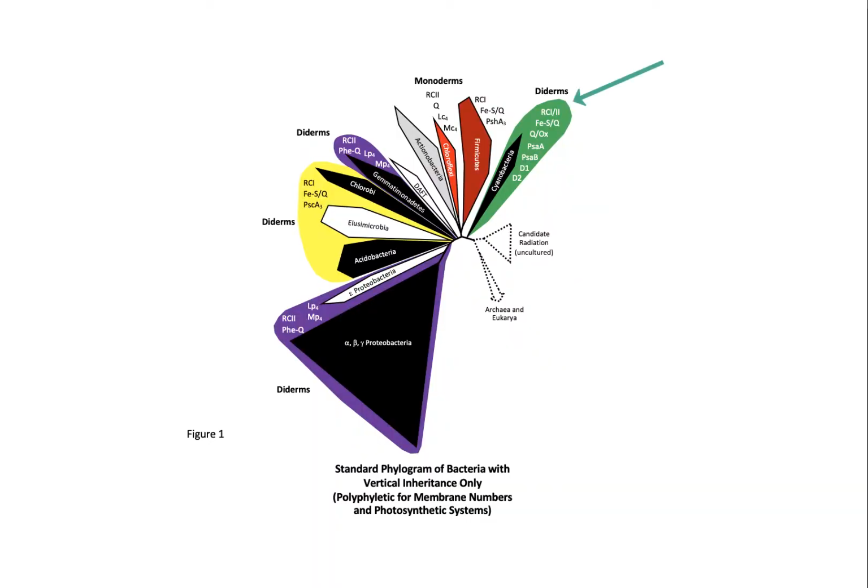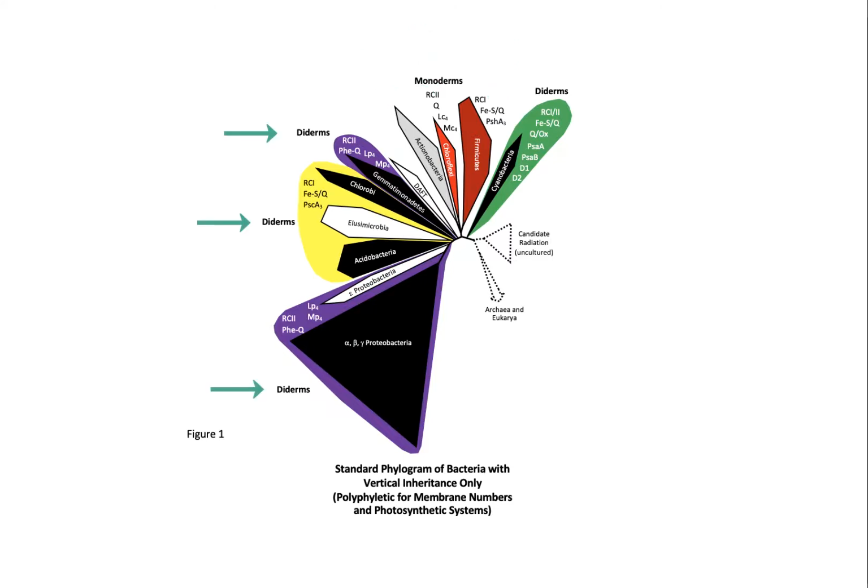So here's what I mean. If you look at cyanobacterium up there in green, that's a diderm, and that has reaction center 1 and reaction center 2, essentially photosystem 1 and photosystem 2. And then you have the monoderms there, actinobacteria, chloroflexi, and Firmicutes, and then you have all the other diderms.